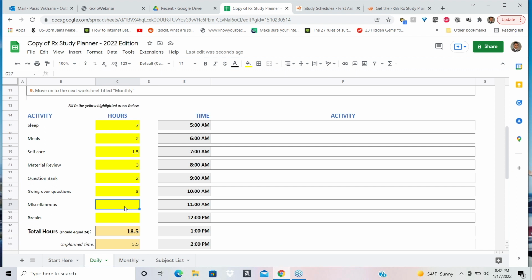And so we still have a couple of miscellaneous areas. Additional things, like you said, flashcards would fall under that. Also, break time throughout the day. How would you like to split that up? Like I said, I have ADHD, so I need to sprinkle in half-hour breaks throughout the day.